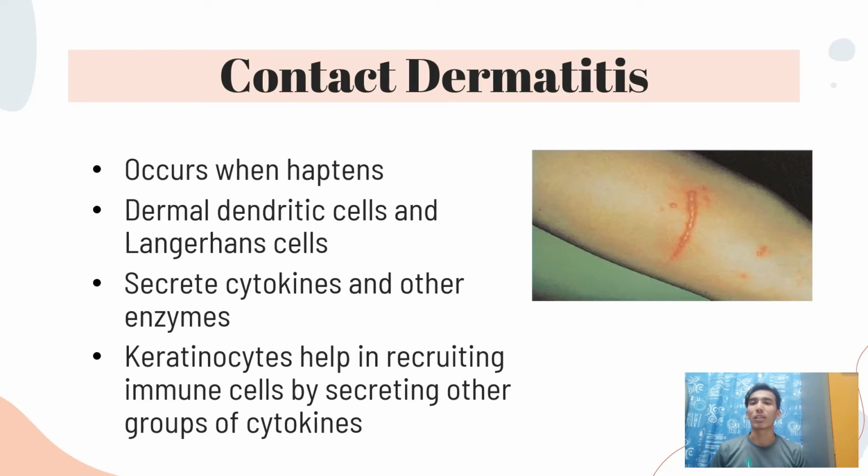Additionally, the keratinocytes help in recruiting cells by secreting another group of cytokines such as IL-1 and IL-8. This results in inflammation of the skin with swelling, itchiness and pain.